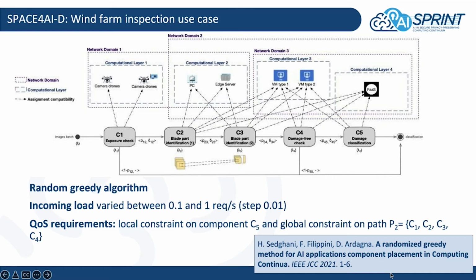And finally, components 4 and 5 can go to computational layers 3 and 4. We considered a local constraint on component 5 and a global constraint on a path that includes components 1 to 4. The incoming load in our experiment varied between 0.1 and 1 requests per second.